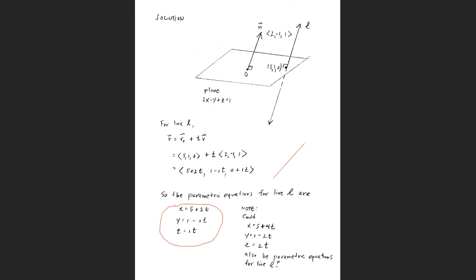Would it intersect all 3 coordinate planes? It could. Yeah, it could, and it does. This one actually does. So, what point would the line intersect, for instance, the XY plane?